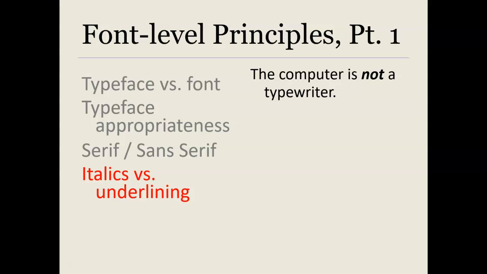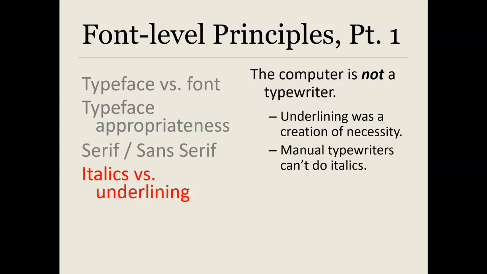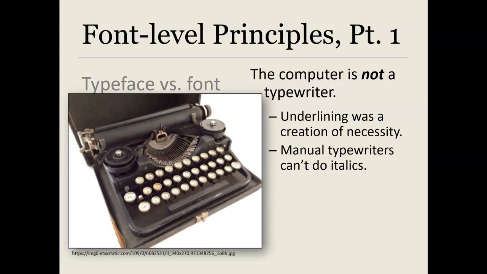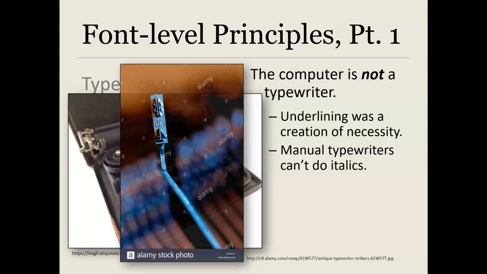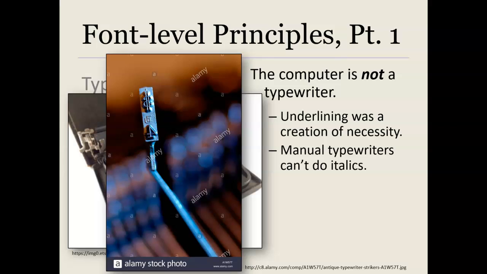Then, italics and underlining. Please note, the computer is not a typewriter. Underlining was a creation of necessity. Back in the day, manual typewriters did not operate on electricity, and they couldn't do italics. Look at that little array of things down in the middle there, that sort of curved bit. What we've got going on there is a striker arm with two faces.